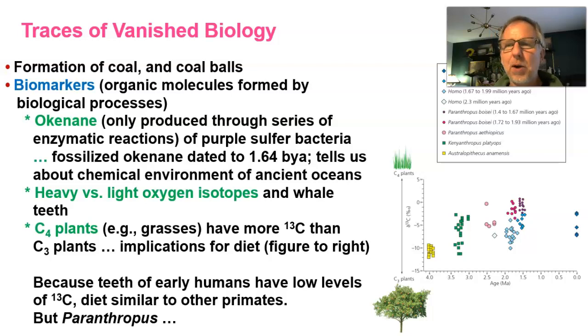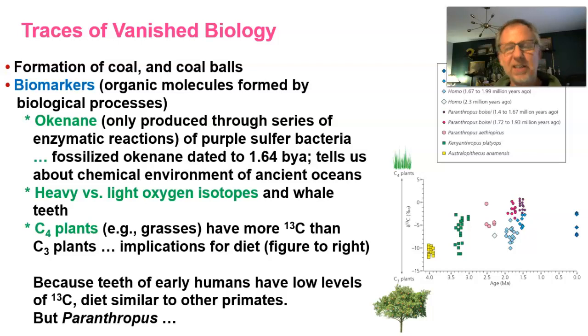But you can see the purplish dots that are kind of high up in that graph. Those belong to a genus of early human called Paranthropus. And they had a higher signature of carbon-13, indicating that they're eating more C4 plants like grasses. And in fact, their teeth were modified to be more of a grinding type tooth that was probably adapted for eating grasses.